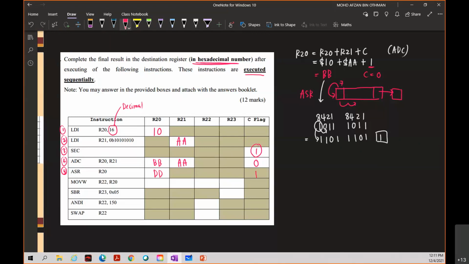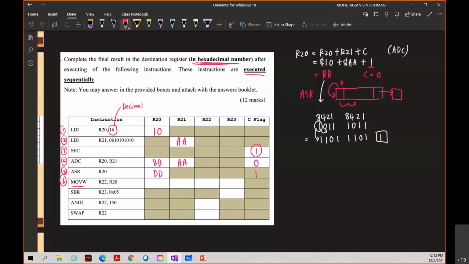Then line 6, instruction 6: MOVW R22 R20. So what does MOVW do? Move between the word. You're going to move one register pair to another register pair.